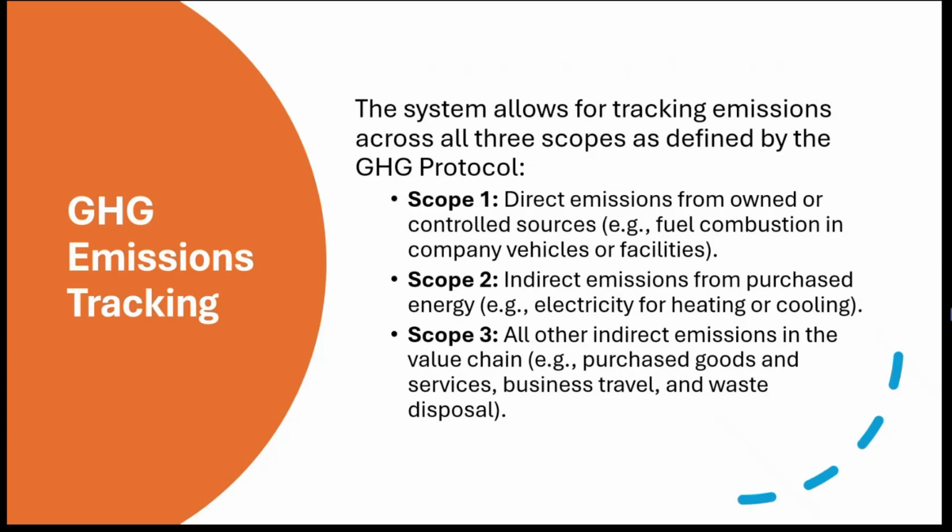Scope 2 covers your indirect emissions from purchased energy. If you are purchasing any energy, then whatever carbon emissions you have, you can track under scope 2. And scope 3 covers values like business travel and the value chain, which includes your goods. That comes under scope 3.